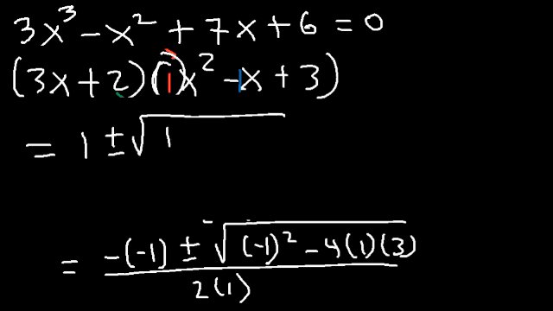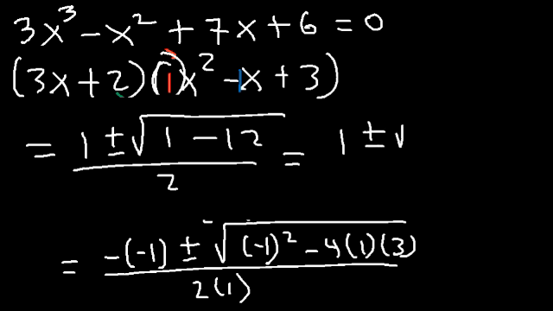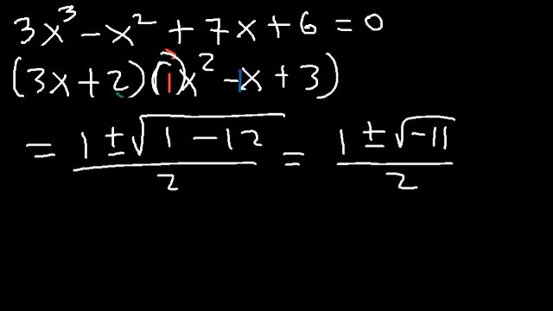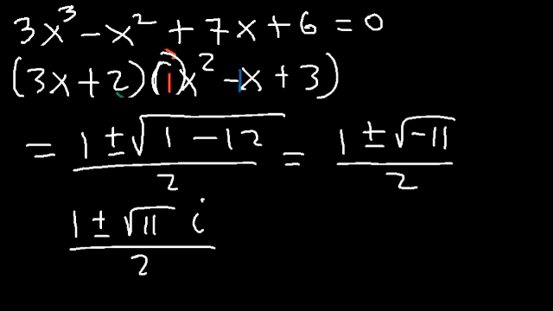Negative 4 times 1 times 3 is negative 12, divided by 2. So this is 1 plus or minus square root negative 11, divided by 2. Whenever you have a negative number inside a square root, you have an imaginary number. So this is a complex imaginary root. So it's 1 plus or minus square root 11 i, divided by 2.